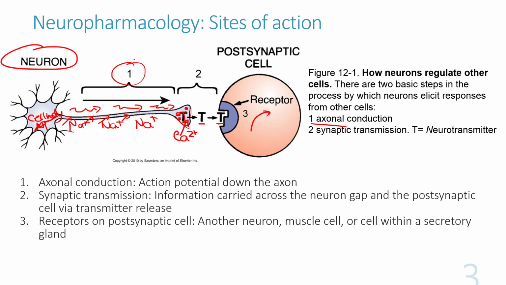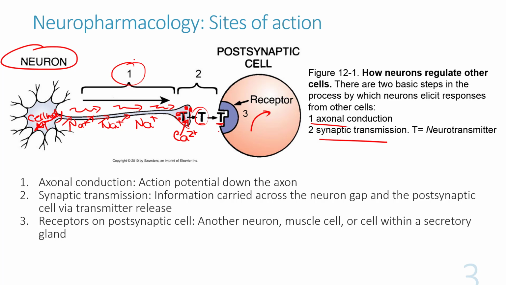And when calcium enters into the axon terminal, these vesicles or packages of transmitters fuse with the membrane over here, and then release the transmitter. And this process of the transmitter release from the axon terminal and the transmitter binding to the receptor is called synaptic transmission.